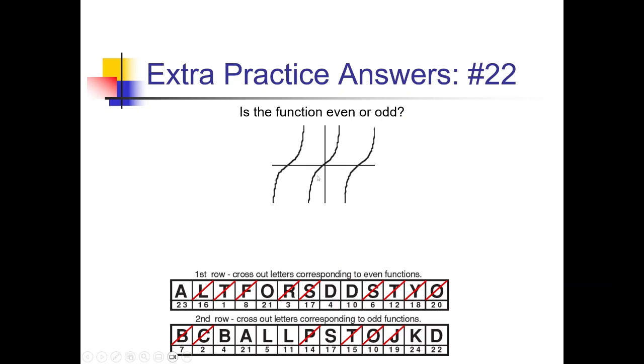For 22, we've got this graph going on. It doesn't have y-axis symmetry, but if you rotate it 180 degrees, you do have origin symmetry. It's the same figure. Since we've got origin symmetry, this is an odd function. So cross off something above 22 down here in the bottom row. So that's a D. For 23, we can clearly see that this has y-axis symmetry, at least as best we can tell.